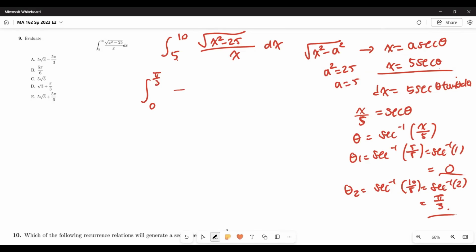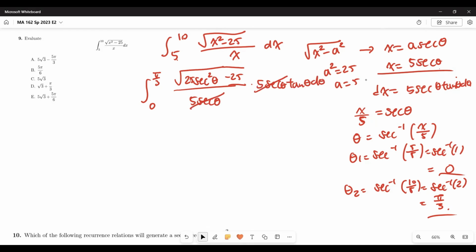Then x is 5 secant theta, and this is the square root of 25 secant squared theta minus 25, times the 5 secant theta tangent theta d theta. I forgot the 5. Sorry. So 5 secant theta will cancel out, right? This is 0 to pi over 3, the square root of 25 secant squared theta minus 25, times tangent theta d theta.